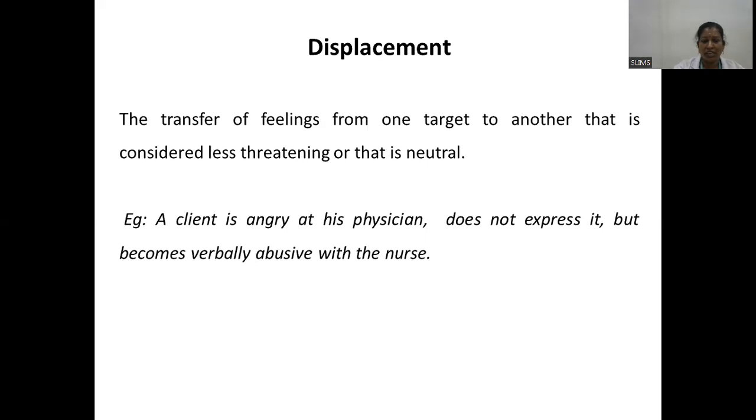So in this one, the client is angry at the physician but is not able to scold the physician, so the person expresses the anger to the nurse instead, saying he is not very satisfied with the care.